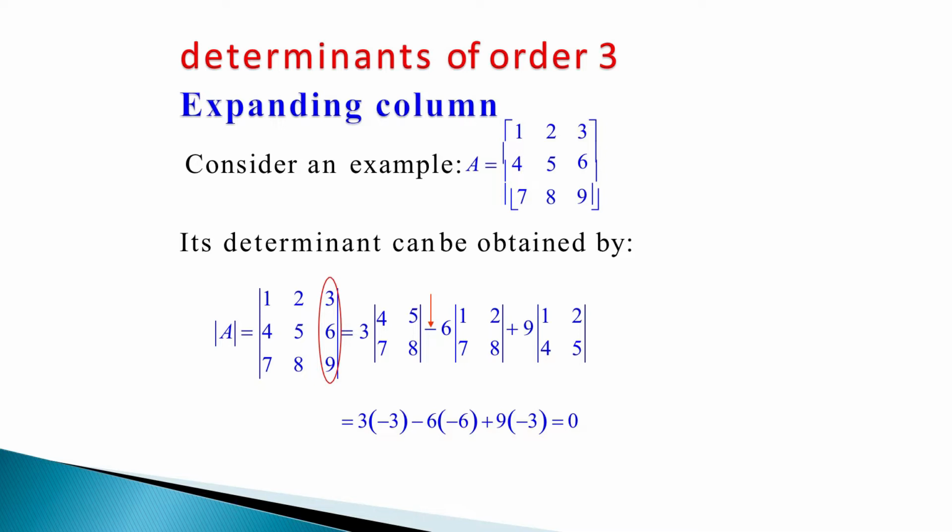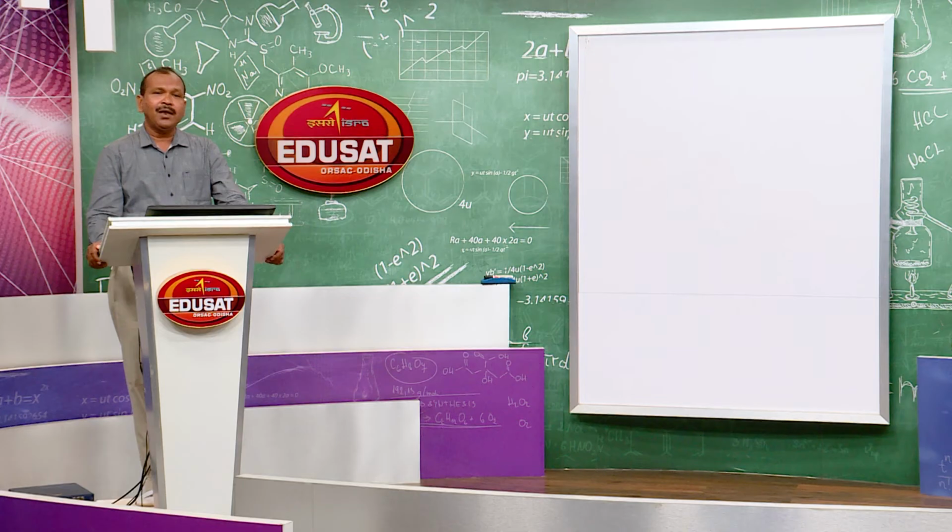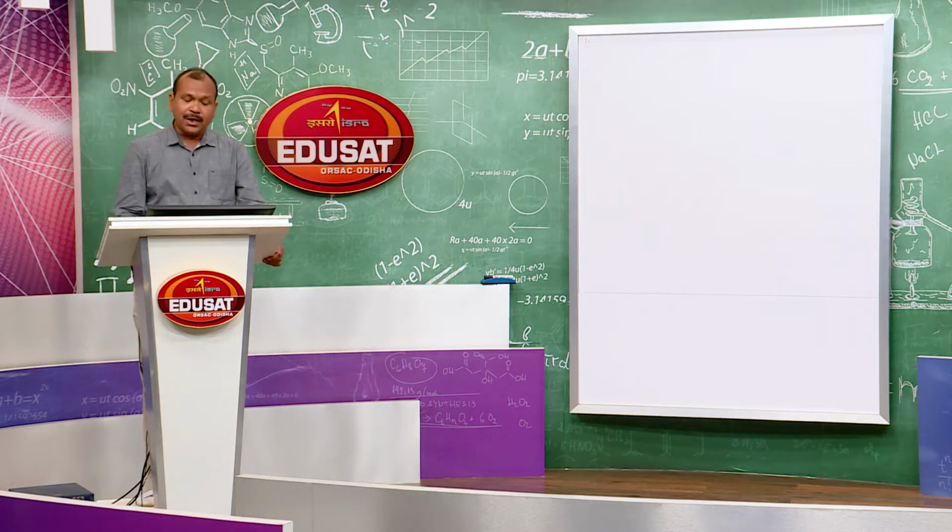That is equal to 3 into minus 3 minus 6 into minus 6 plus 9 into minus 3, and that value becomes 0. Similarly, we can find the value of the determinant by expanding the second row, second column and first column.